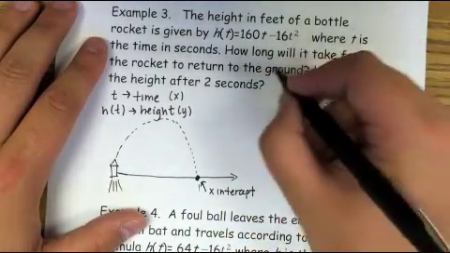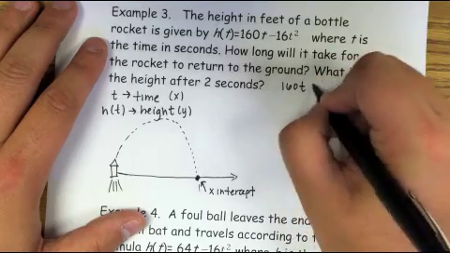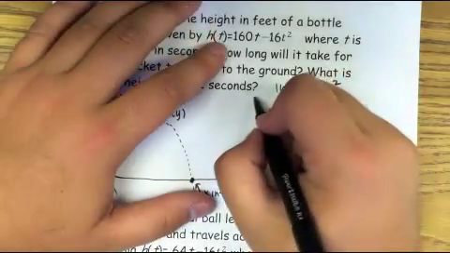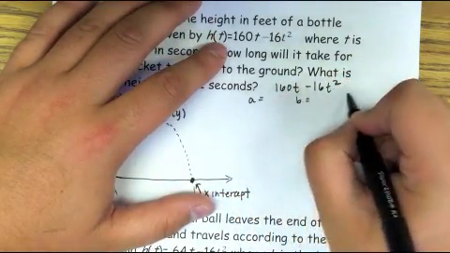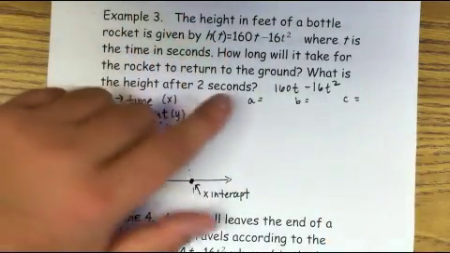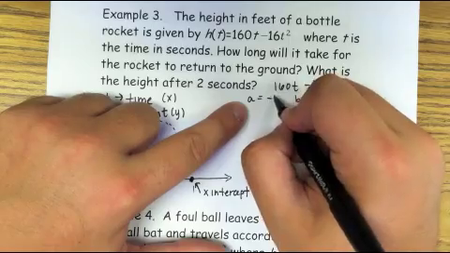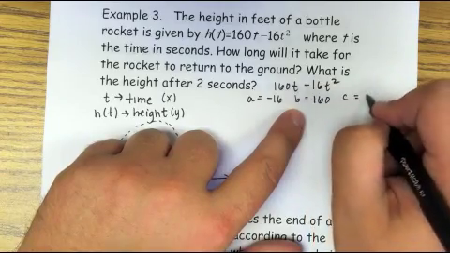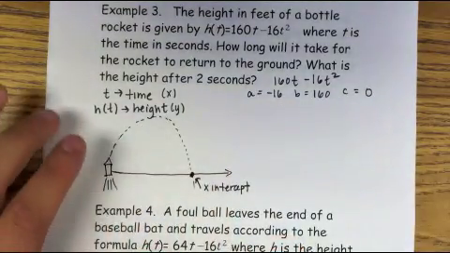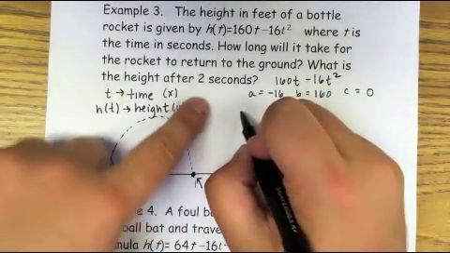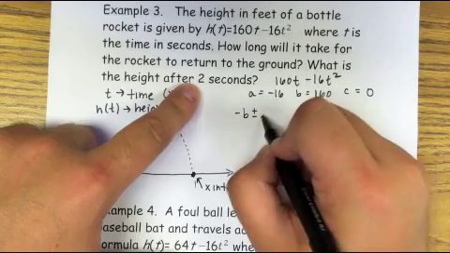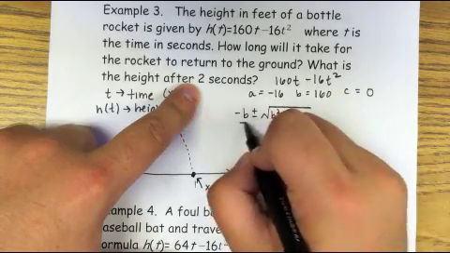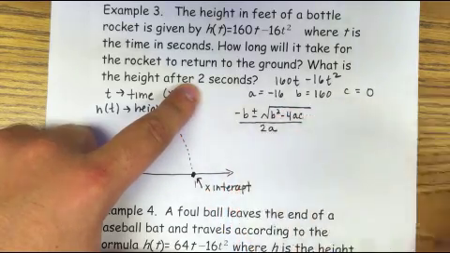We have this equation. We've got 160t minus 16t squared. Careful again, let's label. What's A, what's B, and what's C? A is negative 16, because that's in front of the something squared. B is 160. And C is 0. Okay, so here we go. The quadratic formula: negative b plus or minus the square root of b squared minus 4ac, all over 2a.